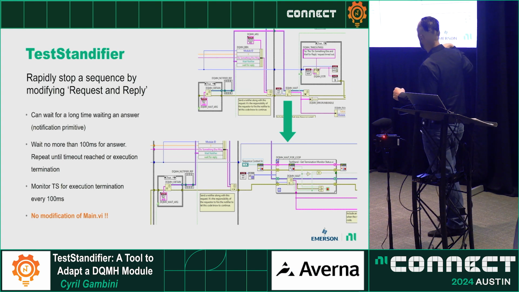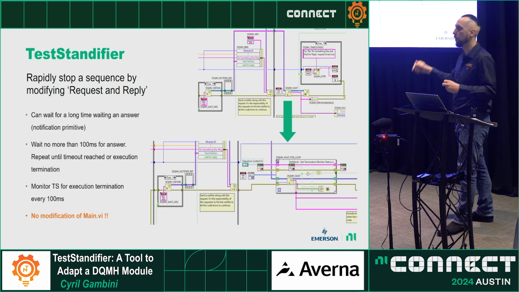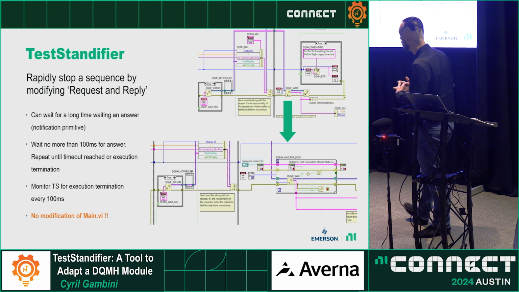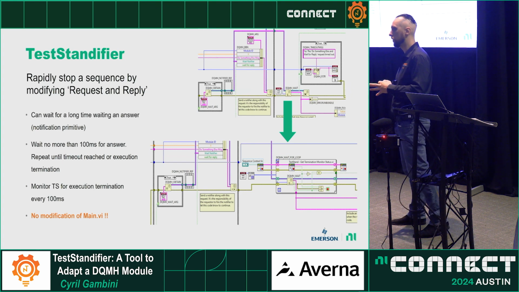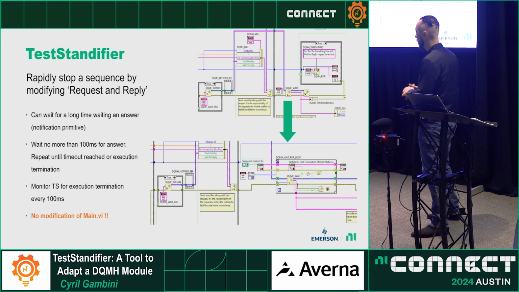And we automatically add the TestStand monitoring surveillance. So if a user presses the stop button to stop the sequence, we should not wait more than 100 milliseconds to actually stop the sequence and get out of the waiting.